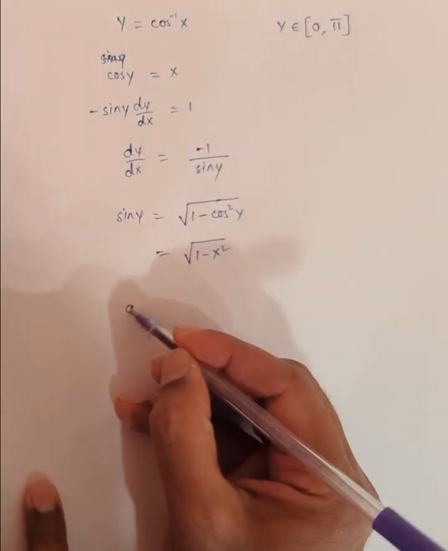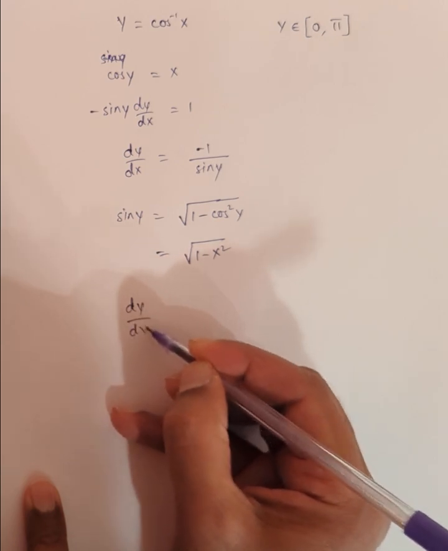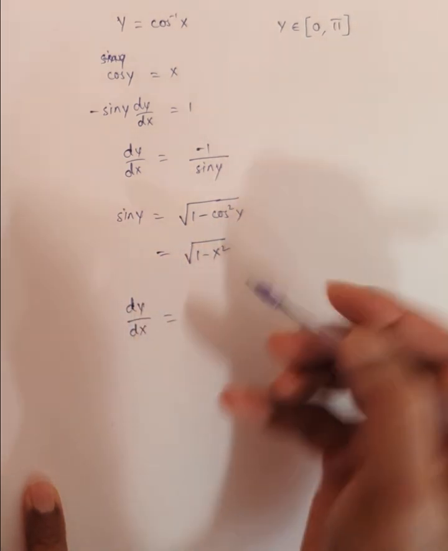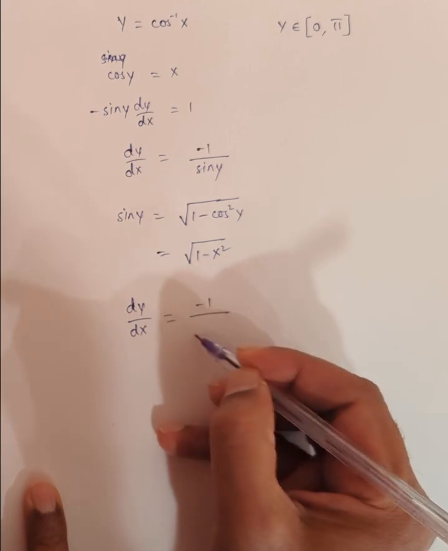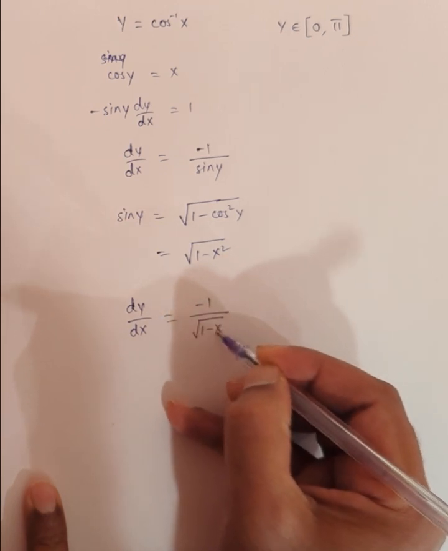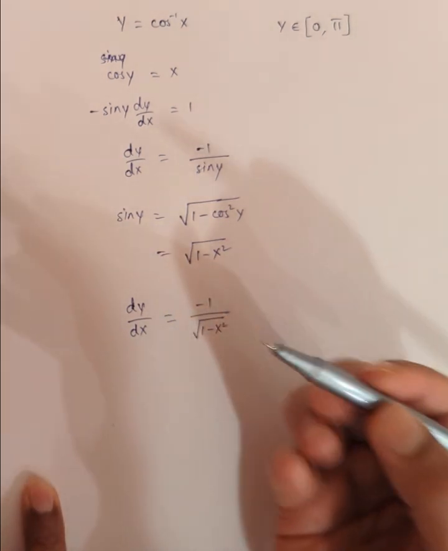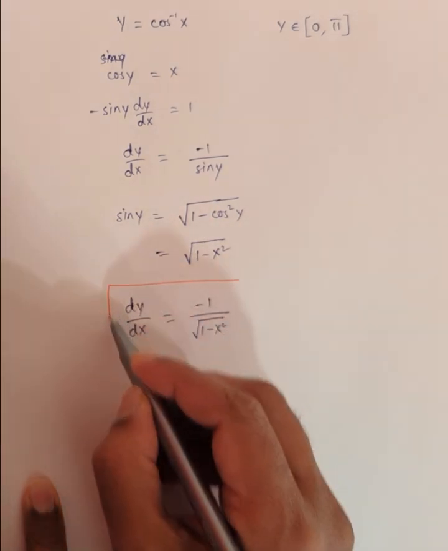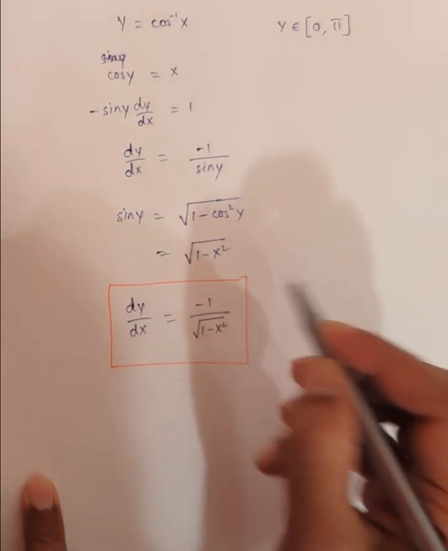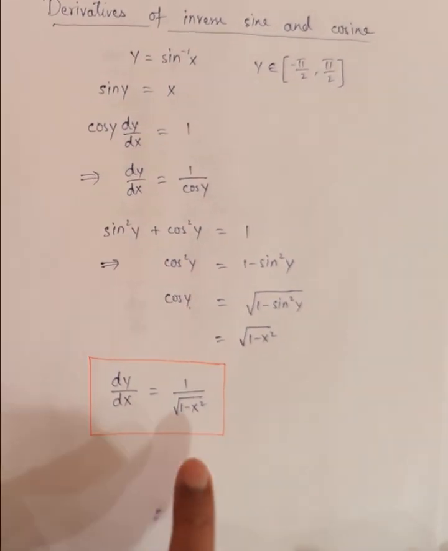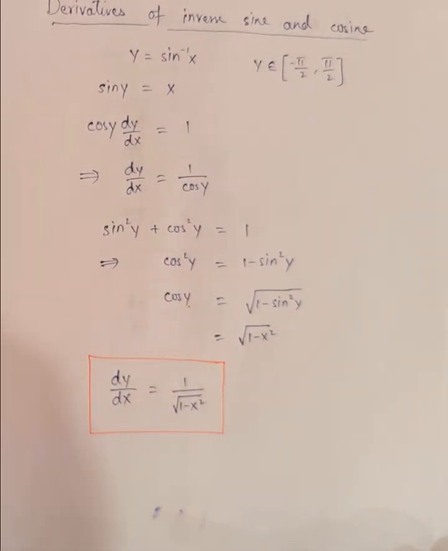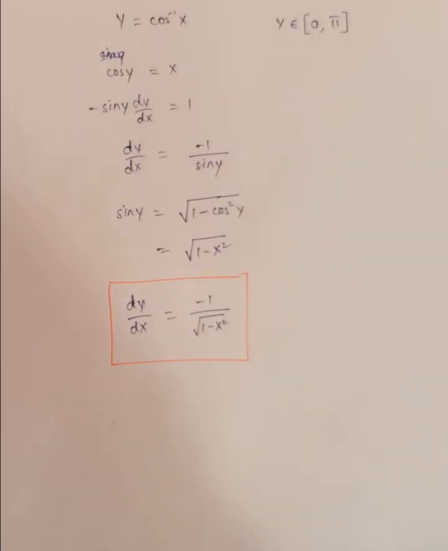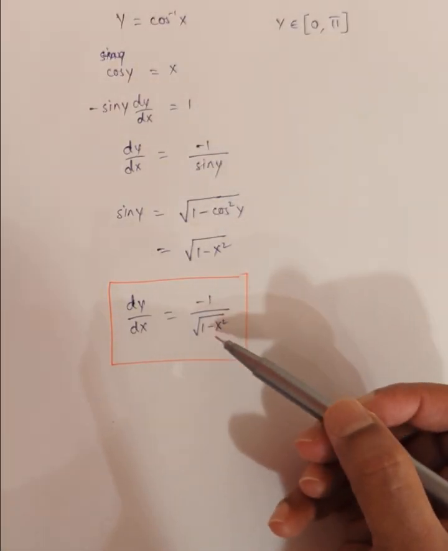So what is the derivative of cosine inverse x? It happens to be negative 1 over the square root of 1 minus x square. Now sine inverse and cosine inverse derivatives only differ by this negative sign. So this was the derivative of sine inverse x. It was positive 1 over the square root of 1 minus x square, and cosine inverse is negative.